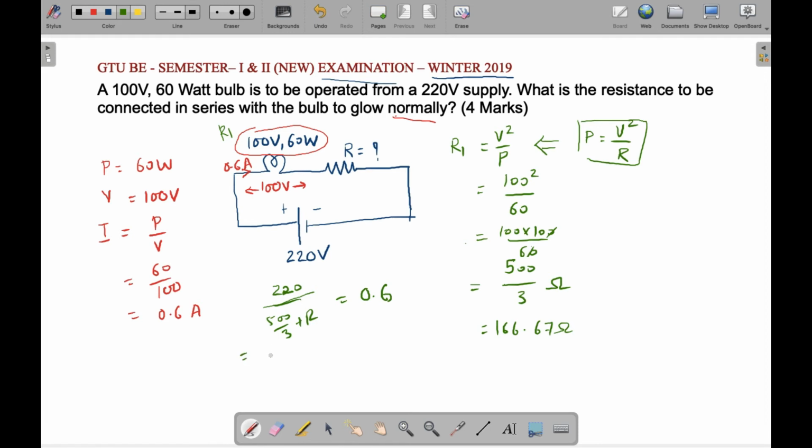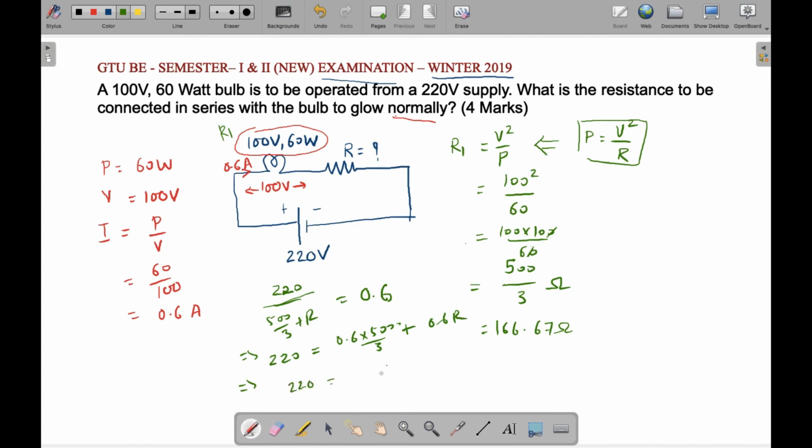So we can write 220 is equal to 0.6 into 500 by 3 plus 0.6 into R.